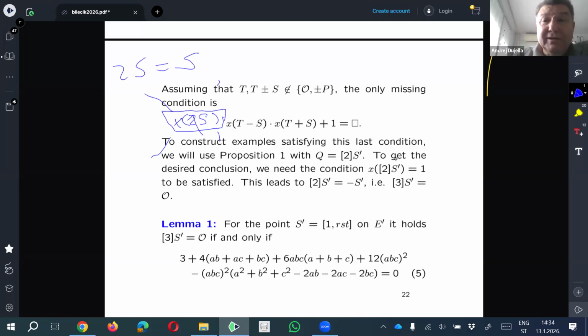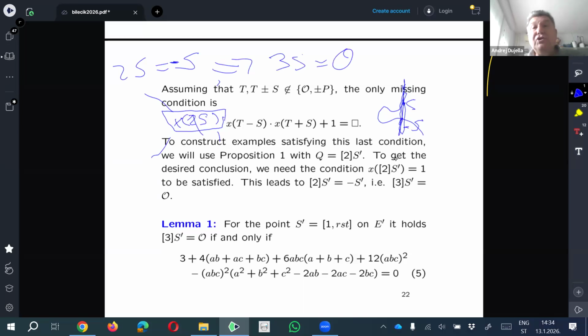But what is important, one important property of elliptic curves is that point S and point minus S have the same first coordinate. They just differ in the second coordinate. So if we are interested only in the first coordinate, then 2S equal to minus S is equally good for us. And 2S equal to minus S means 3S equals 0, which means that we want point S to be of order 3.